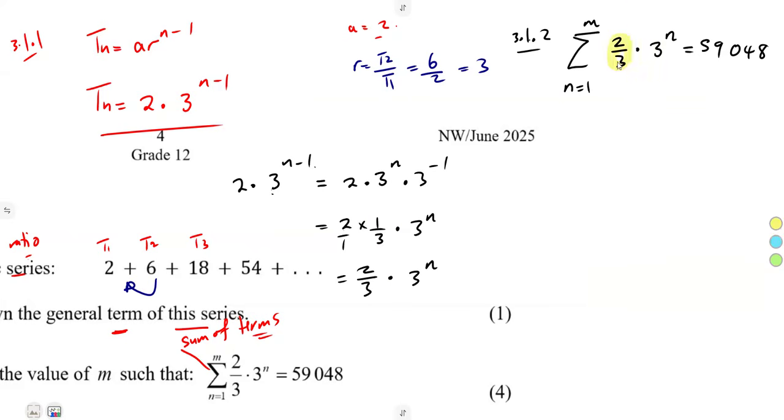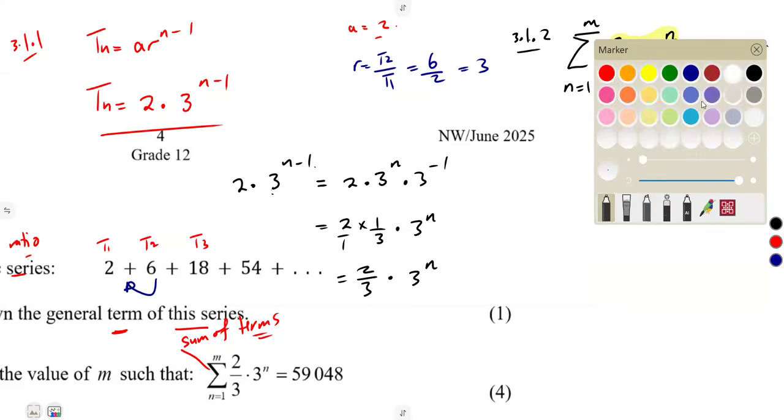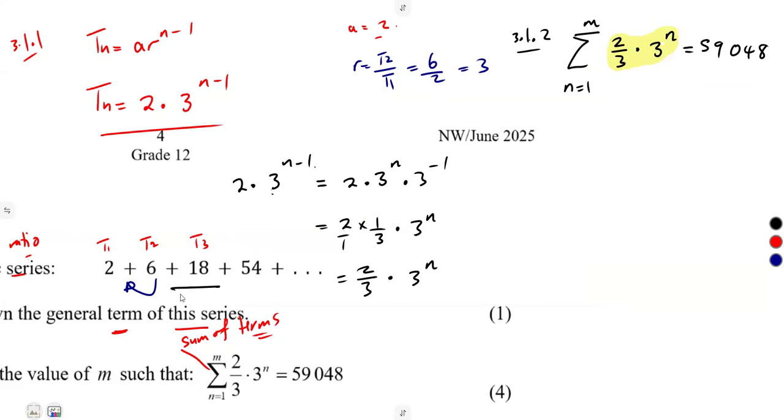So if you are to consider that this here is the presentation of the nth term that we had from this series. So they are simply saying from that consideration that we had from those terms that we had before, if the sum of terms is equal to 59,048, where you know that your A is equal to 2, because when n is equal to 1, we are talking about the first term.